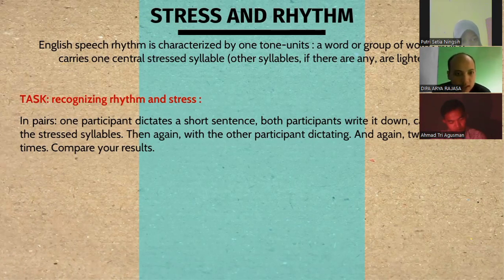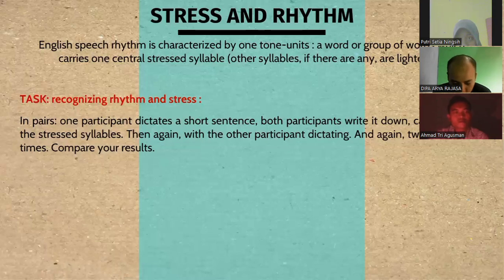So the task is recognizing rhythm and stress. In pairs, one participant dictates a short sentence, both participants write it down, capitalizing the stressed syllables. Then again, with the other participant dictating, and again, 2 or 3 times, then compare the results.